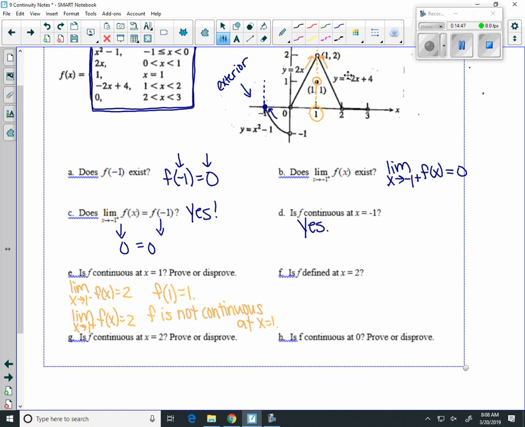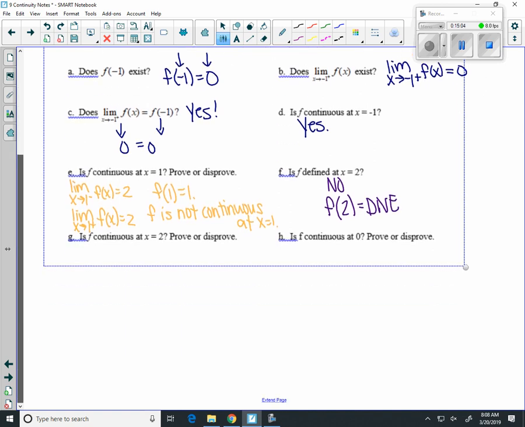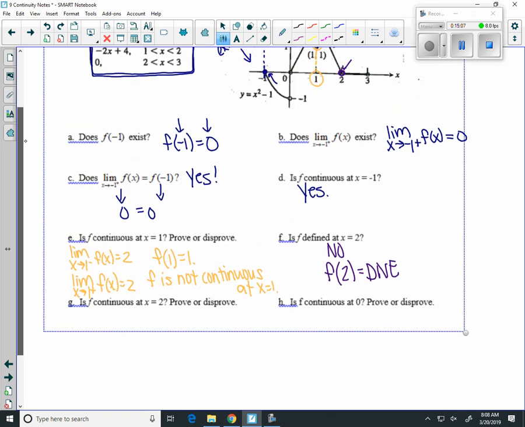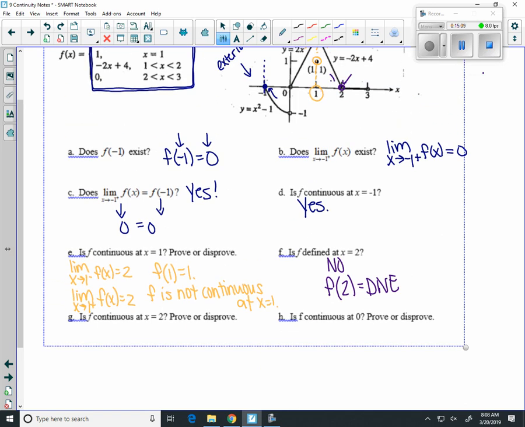Is f defined at x equals 2? Okay, so it's hard to see here, but that is an open circle, and there's no closed circle anywhere else. So f is not defined. F of 2 does not exist. And because of that, we can't be continuous at x equals 2. The limit exists. The limit from the left and from the right are both 0.